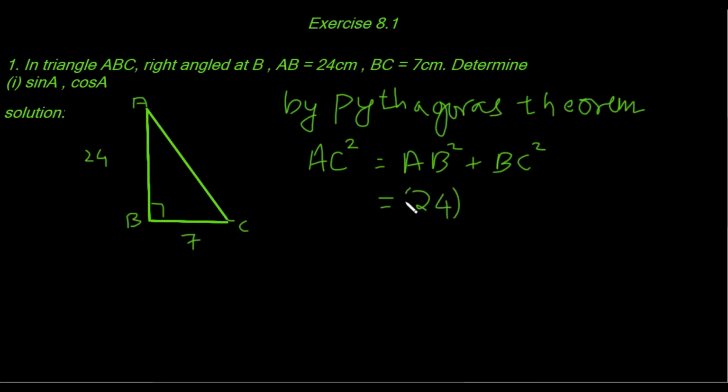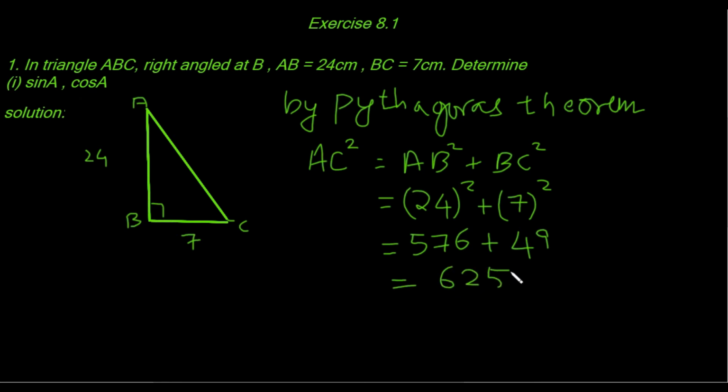24 centimeters squared, which is AB, plus BC, which is 7 centimeters, squared. Now 24 square is 576, 7 square is 49. Adding up 576 and 49, we get 625.